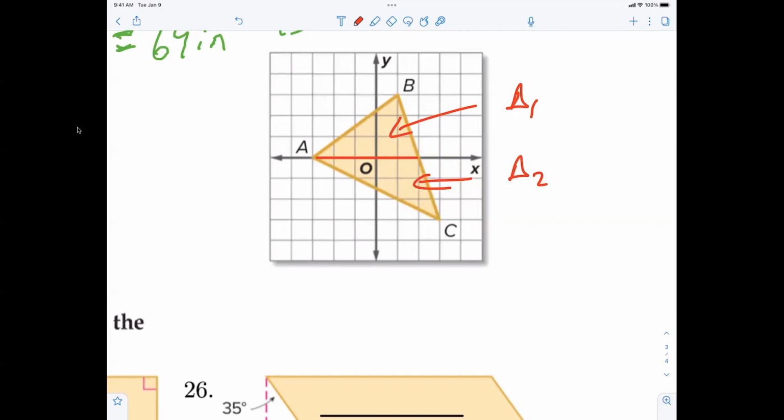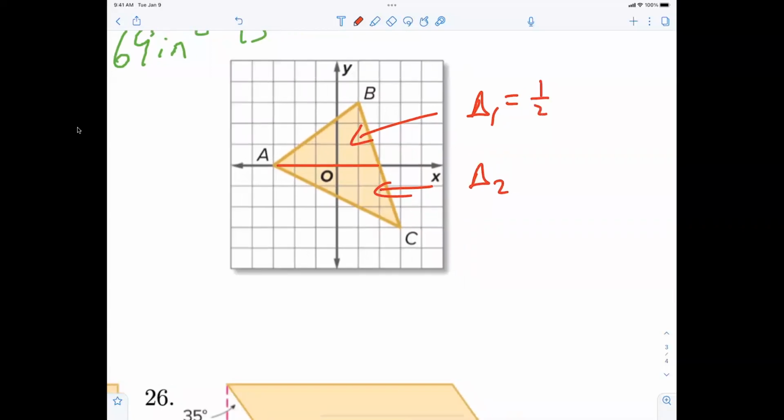So I see that you're allowed to divide them up. So what's the base of the top triangle? 5. What's the height of the top triangle? 3. Is everybody with me on this now? All right. Because you're with me on this, now I'm sure you can tell me the dimensions of the bottom triangle. What are the dimensions of the bottom triangle?